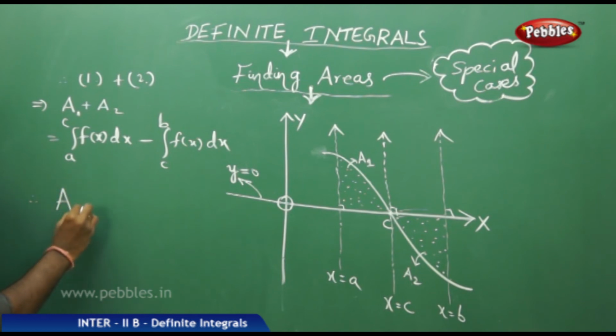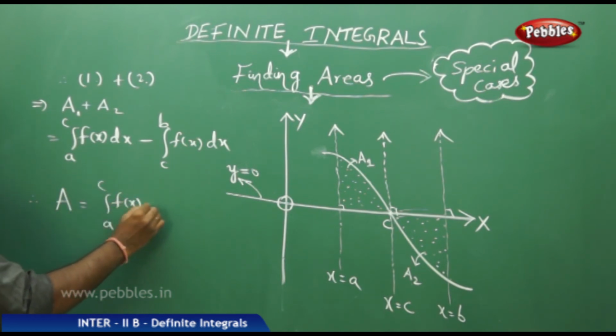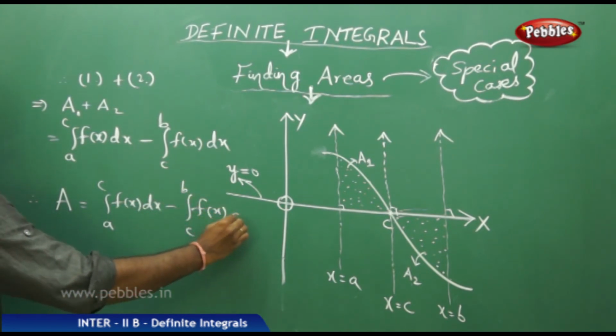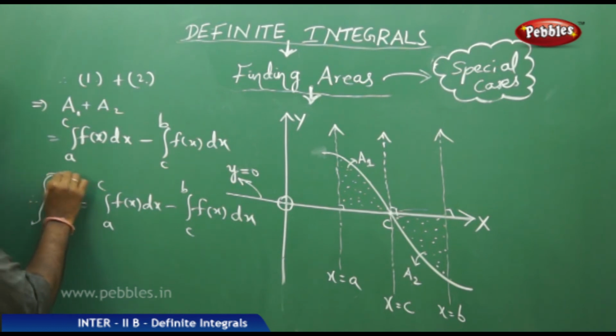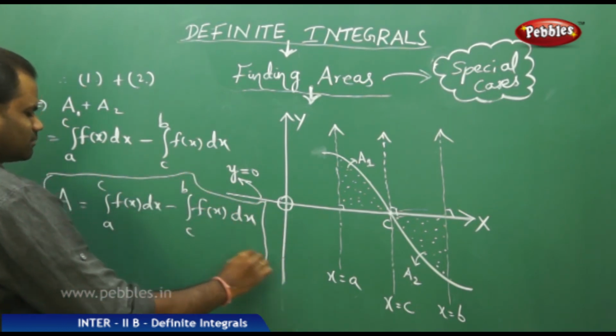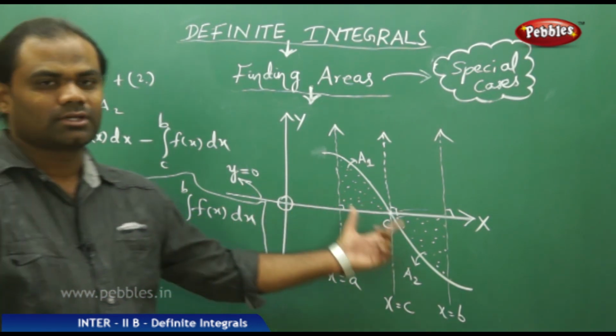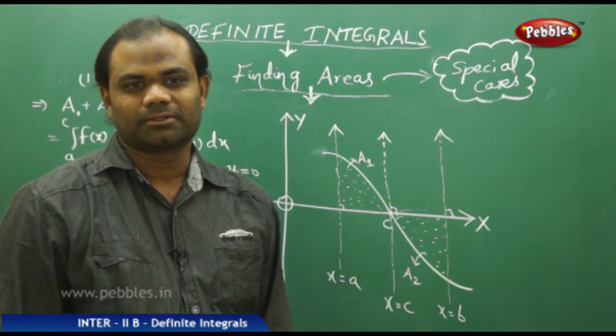Therefore, the area is integral a to c minus integral c to b, is how we identify the area using the integral concept.